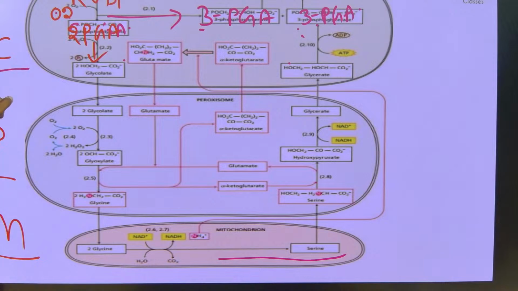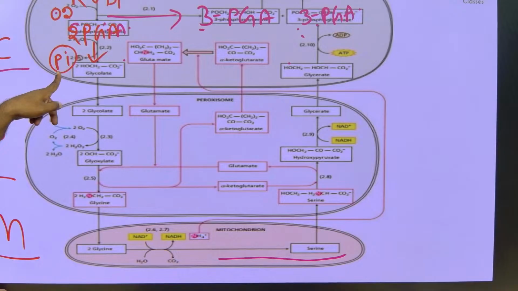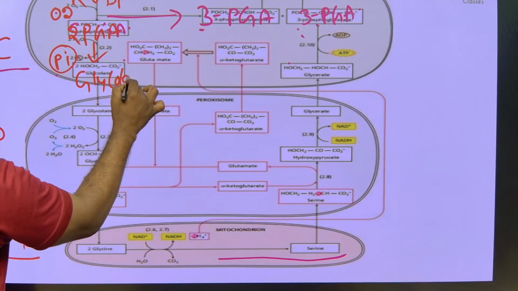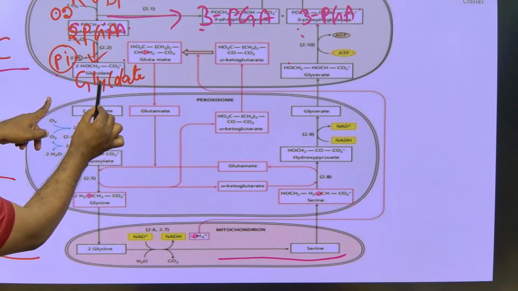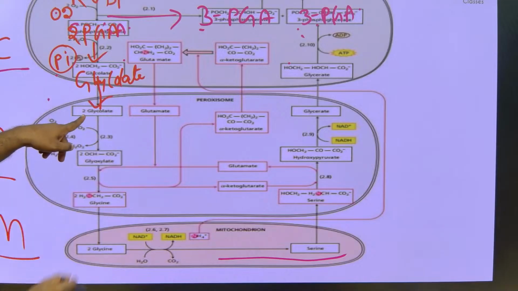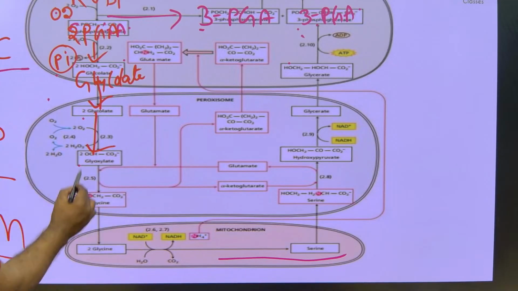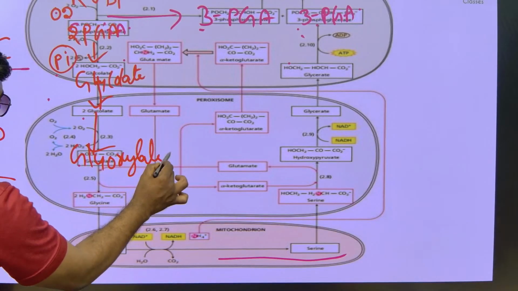The 2 PGA within the chloroplast lost its phosphate group. Upon losing the phosphate group, 2 phosphoglycolate is converted into glycolate. And what's happening now? Glycolate from the chloroplast entered into the peroxisome. Now the glycolate within the peroxisome is converted into glyoxylate.